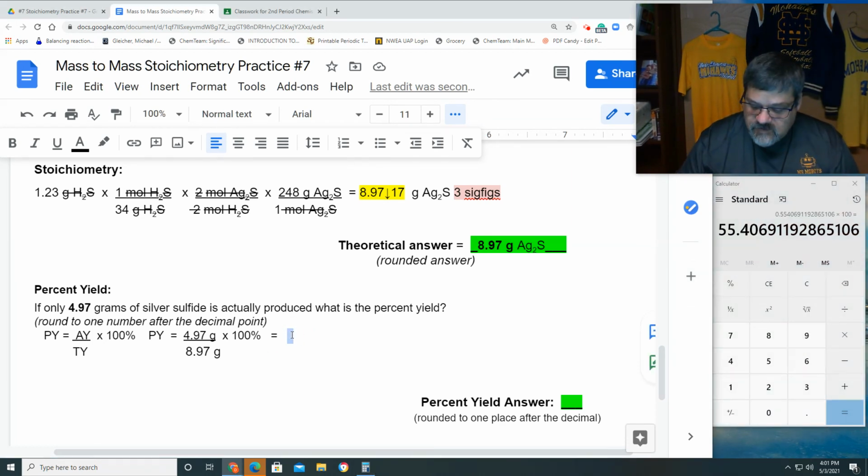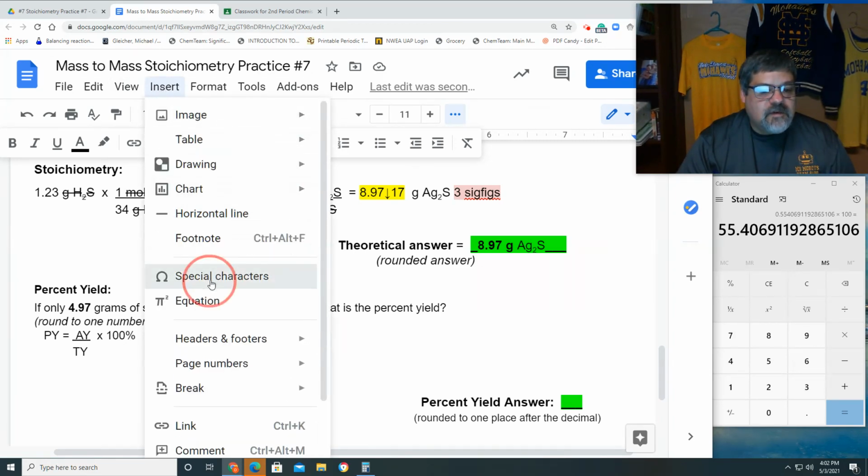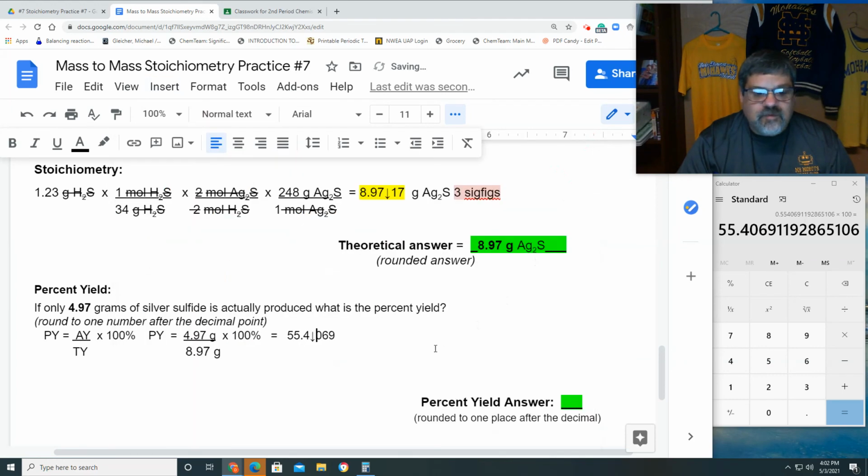So we're going to put in here 55.4069. Now it says we need to round to one place after the decimal. So here's that one place after the decimal. That looks like we're going to round down. So what we're going to do is we're going to insert a character. Again, I like to go ahead and choose an arrow. Now, if you want, you can even make that arrow a different color, which is nice to see. And so we round down, so we drop that off. Okay, and we know that that's going to be our percent of silver sulfide, which is Ag2S.